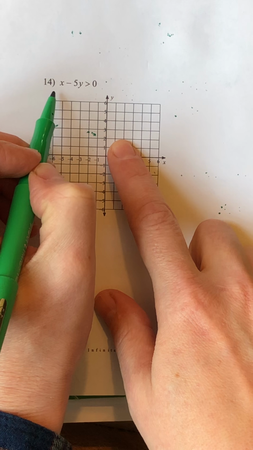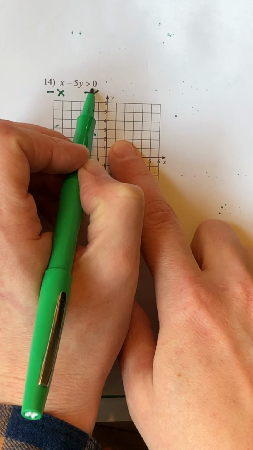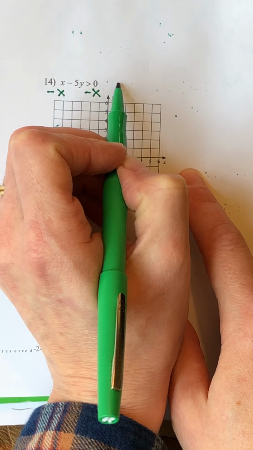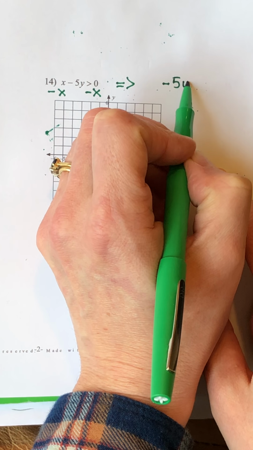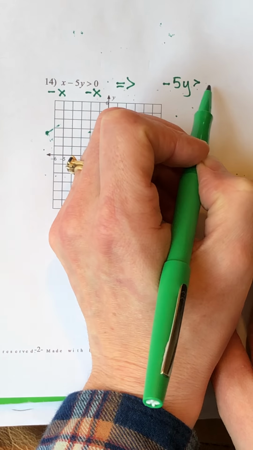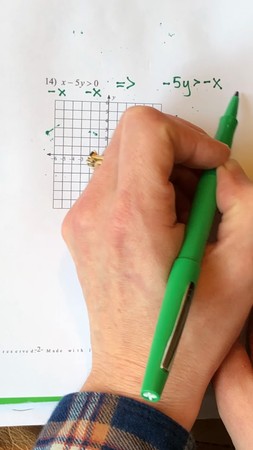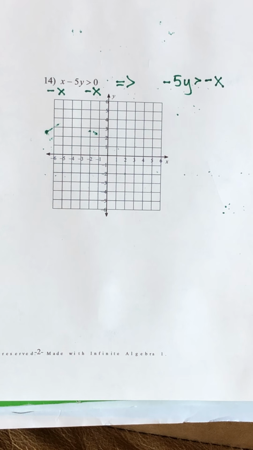So the first thing I'll do is get the x to both sides. So minus x. So I've got -5y is greater than 0 minus x. Well, I always like my x term first, and 0 is just nothing. So I don't need to actually put anything there because it doesn't change my equation.